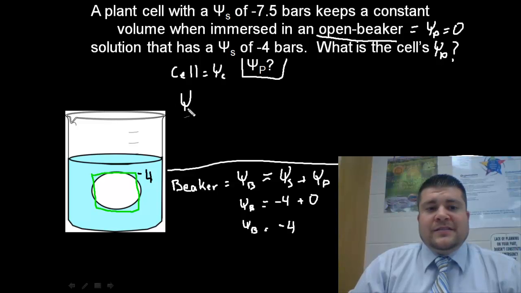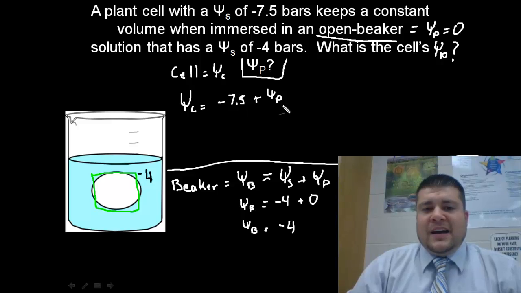So our psi of the cell is going to be equal to negative 7.5 plus psi P, and we have to find out what psi P is. So there should already be some way to figure out the psi of the cell. Well, let's read back in this question.